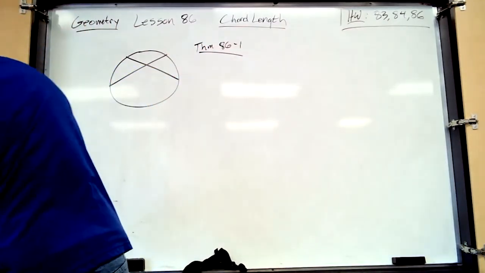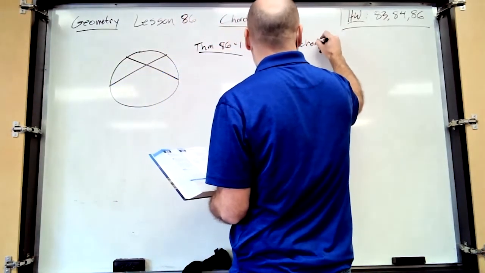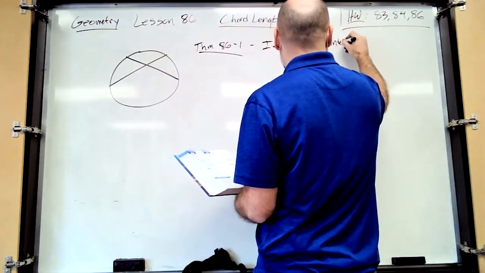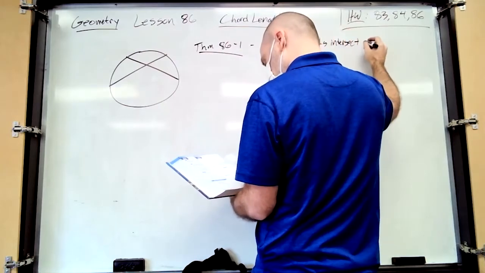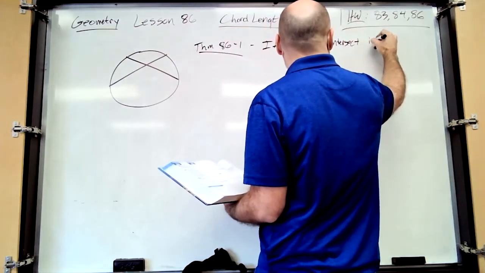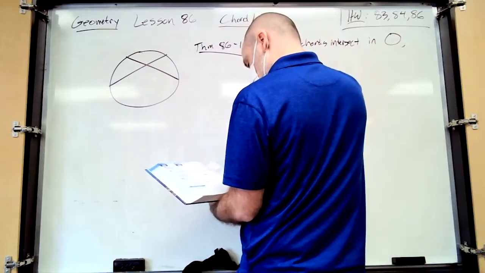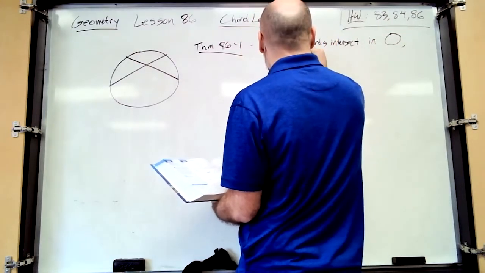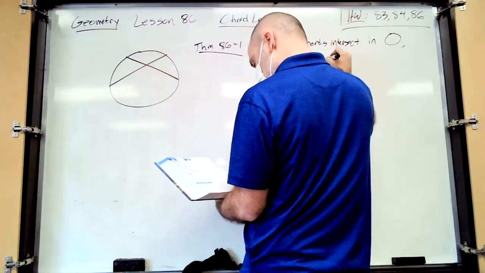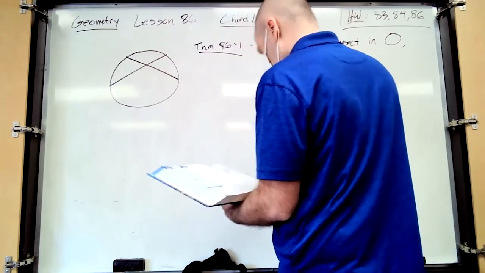If 2 chords intersect in a circle, then the products of the chord segments are equal.